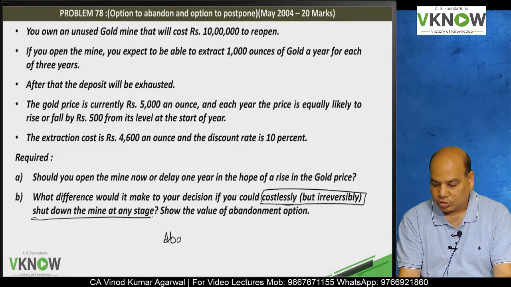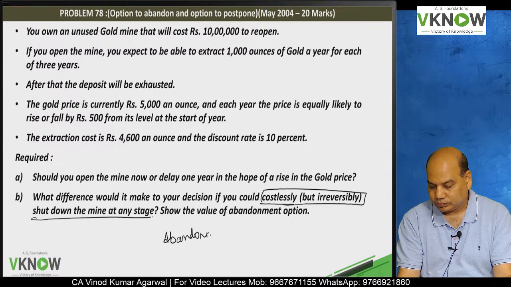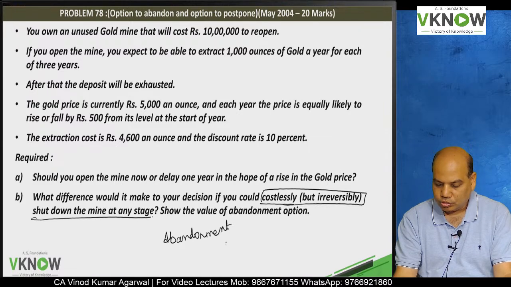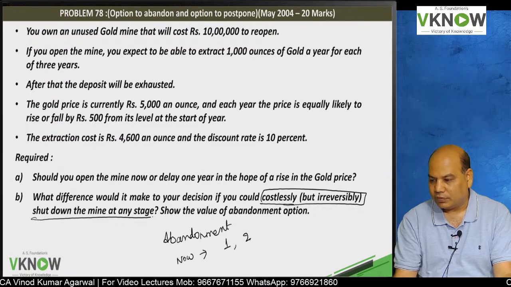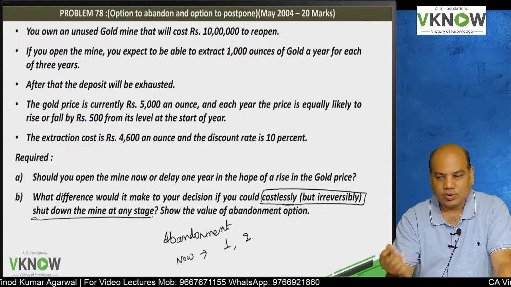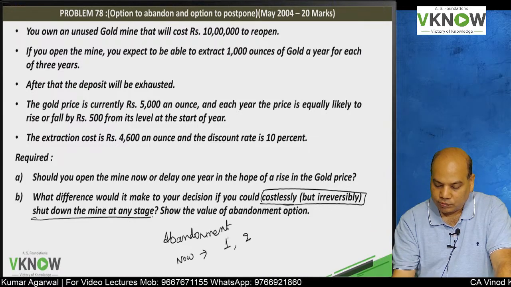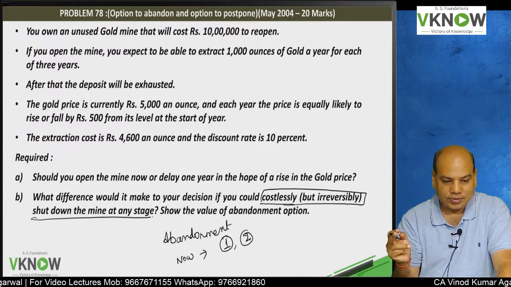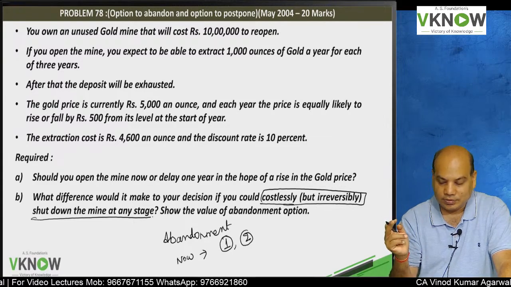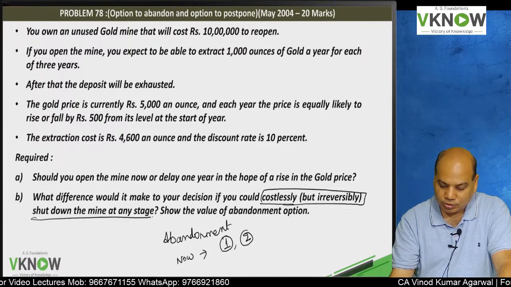So you have an option of abandonment also. You can abandon at the end of year 1 if you start now, or you can abandon at the end of year 2, because the maximum life is 3 years, but you have a choice to shut down the mine costlessly but irreversibly, either in year 1 or year 2.